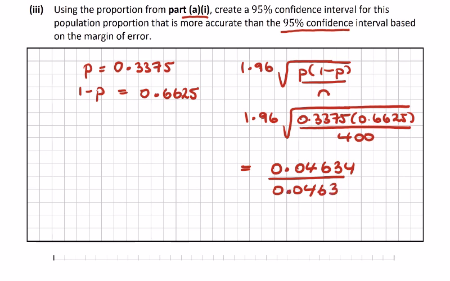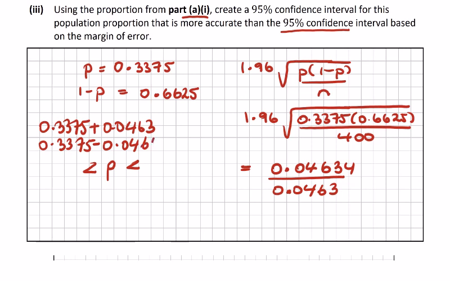So if I add this to 0.3375, I can say, I'll call it my proportion this time, is going to be between two numbers, 0.3375 plus 0.0463 and 0.3375 minus 0.0463. Take your time writing all these down and then put them into your calculator.